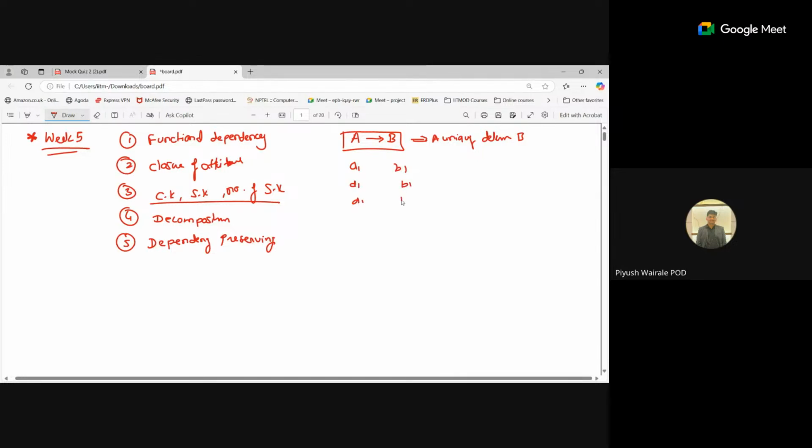If A1 is giving me B2, then we cannot say that A determines B, right? So every unique value of A1 should give me a unique value of B1, okay? So A1 uniquely determines B1 like that. This is about the functional dependency part.